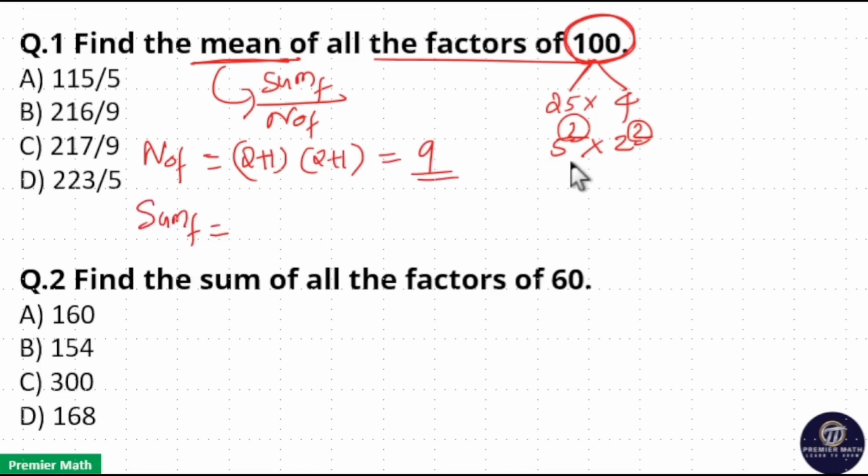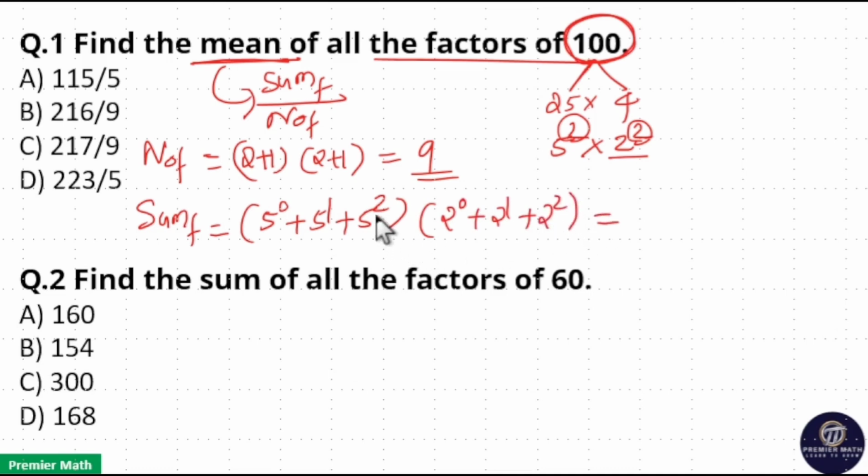For that, take the sum of factors of 25. That is, take the sum of factors of 5 up to 5 square, which can be written as 5 raised to 0 plus 5 raised to 1 plus 5 square. Again take the sum of factors of 4, which is equal to 2 raised to 0 plus 2 raised to 1 plus 2 square.